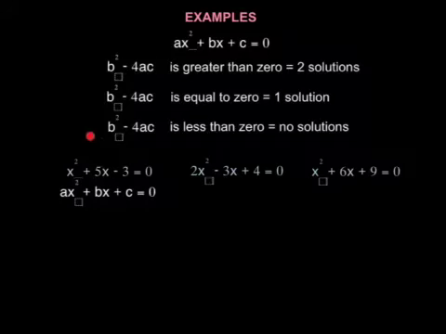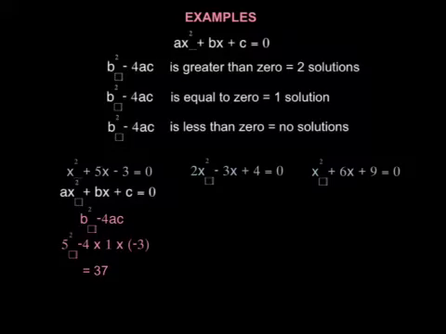I'm going to pop that into this equation and see if we get a number greater than 0, 0 or less than 0. So when we substitute, we get 5 squared minus 4 multiplied by 1 multiplied by negative 3. So 5 squared is 25, minus 4 multiplied by 1 is 4, multiplied by negative 3 gives us positive 12. 25 plus 12 gives us 37.